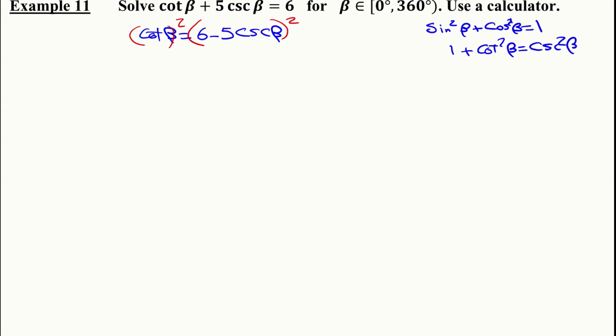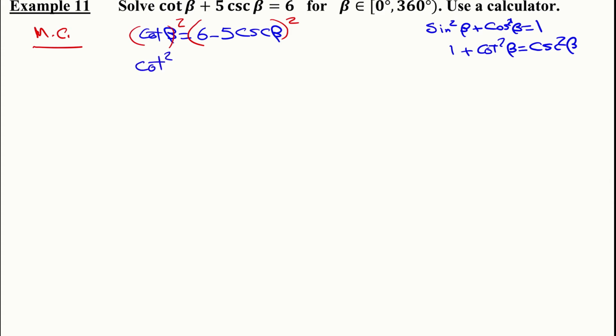When you square both sides of an equation, just like we did with square root problems in algebra, you may end up with solutions that work for the squared equation but not for the original equation. So these become mandatory check problems. Once we're finished, we're going to have to check each one of our solutions. This is going to require some patience. So let's square both sides, and we definitely want to remember that from the get-go.